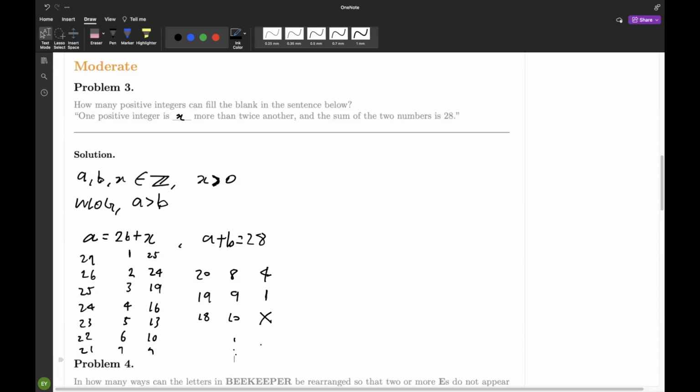Oh, so I think we need to assume that both a and b are positive. Otherwise, we will not get the answer. Because what if b is negative? Then we have so many cases, like there are infinitely many x, and that's not what the problem maker wants. And also the problem mentioned that we have one positive integer and it's twice the other, and it just feels like the other number is a positive number too.